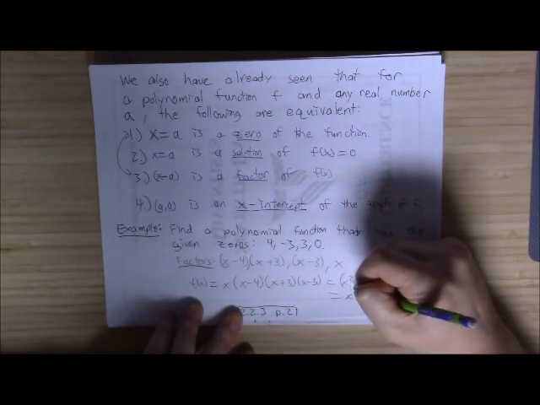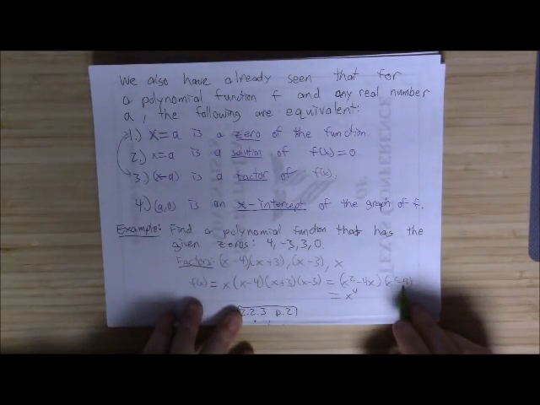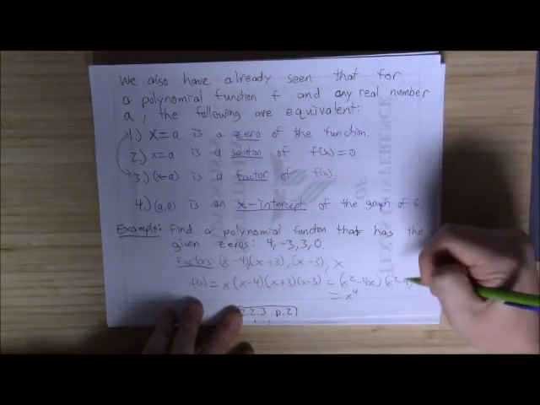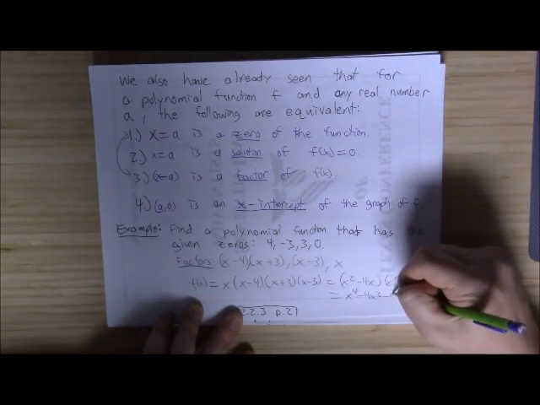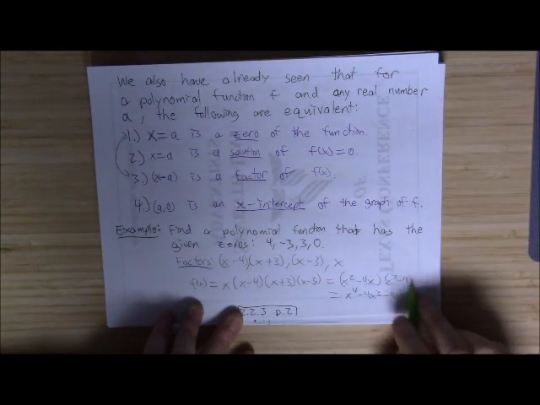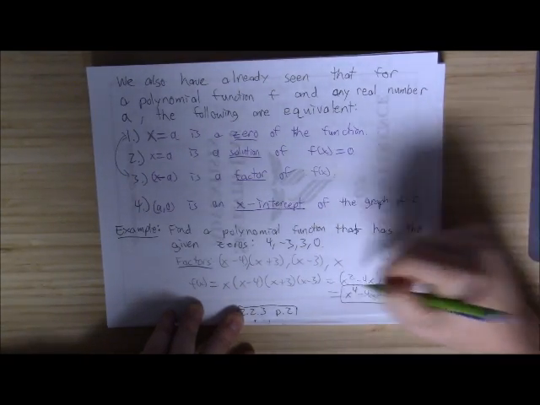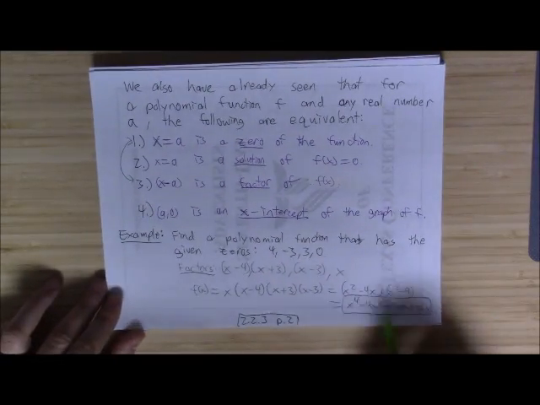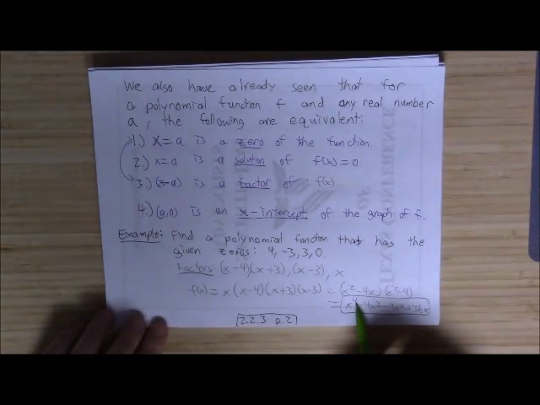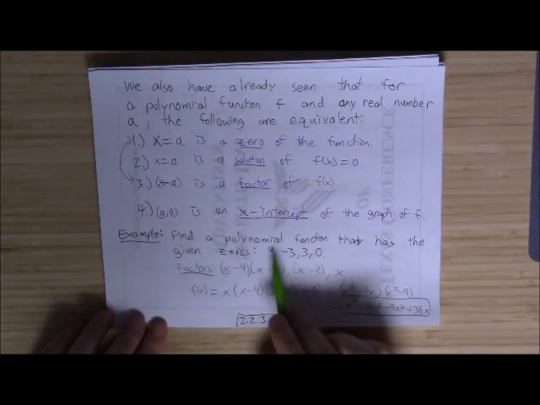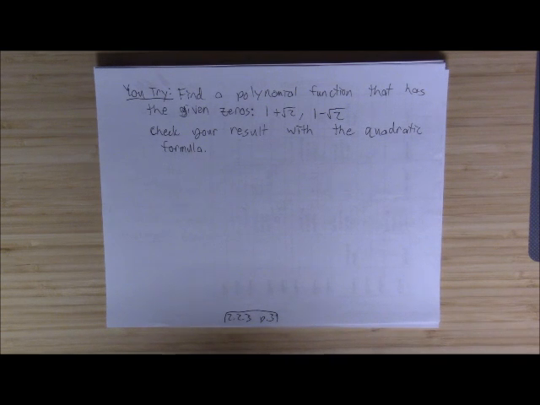That gives x to the fourth minus 4x cubed, then minus 9x squared, and then plus 36x. If you were to factor this back, you would end up with the original factors. This illustrates the point we said before: we had a degree 4 polynomial and 4 different zeros.